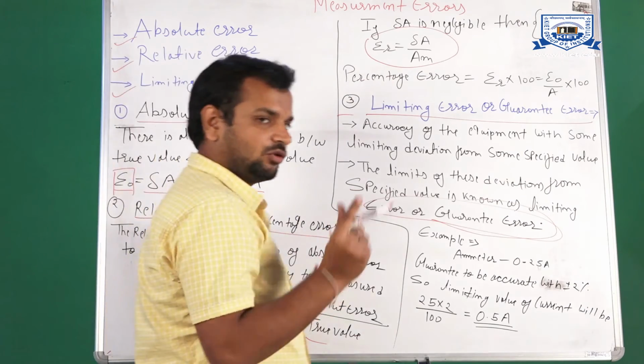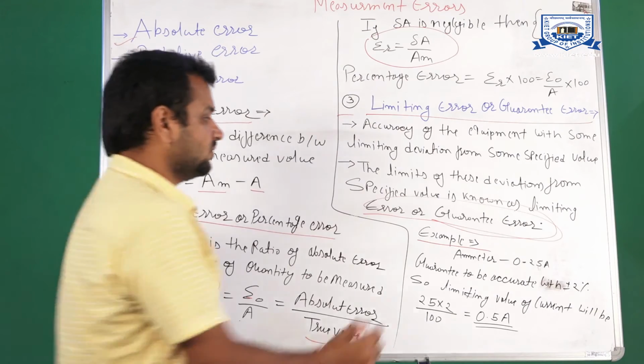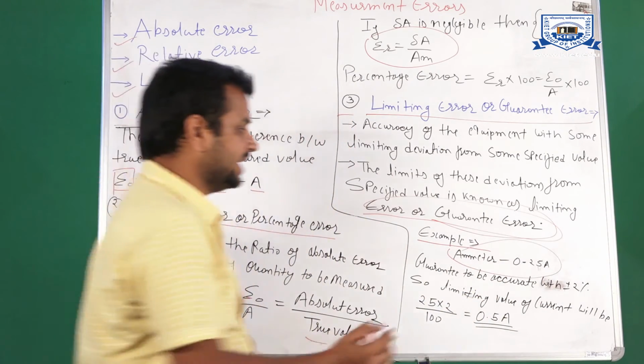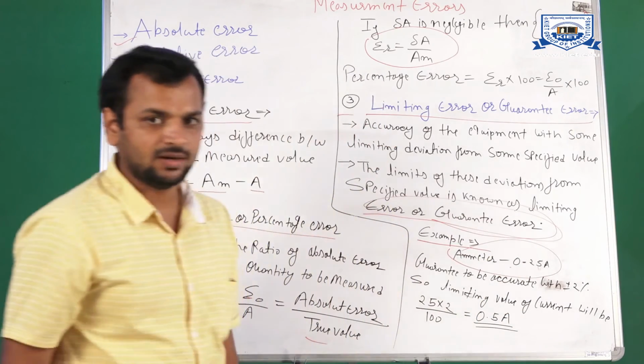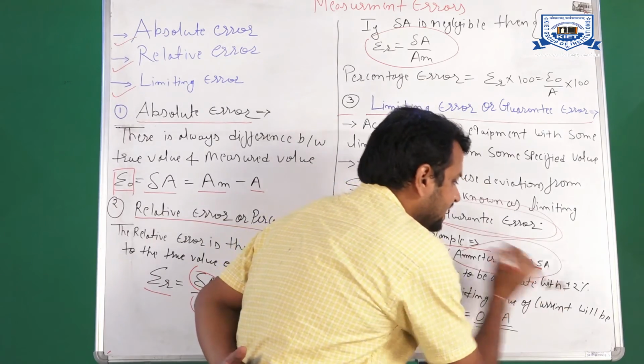You can easily understand this by an example. Suppose we have taken an ammeter from the shopkeeper and it has a range from 0 to 25 ampere. The full scale deflection of the ammeter is 25 ampere.